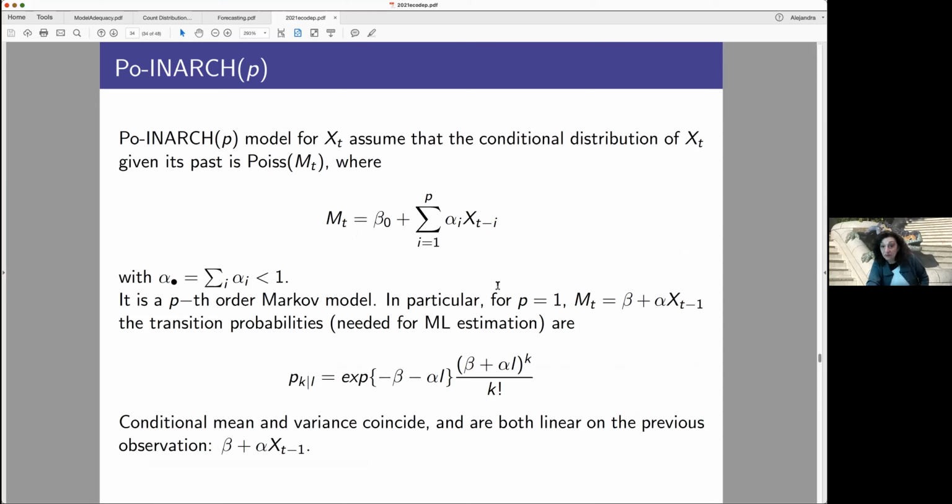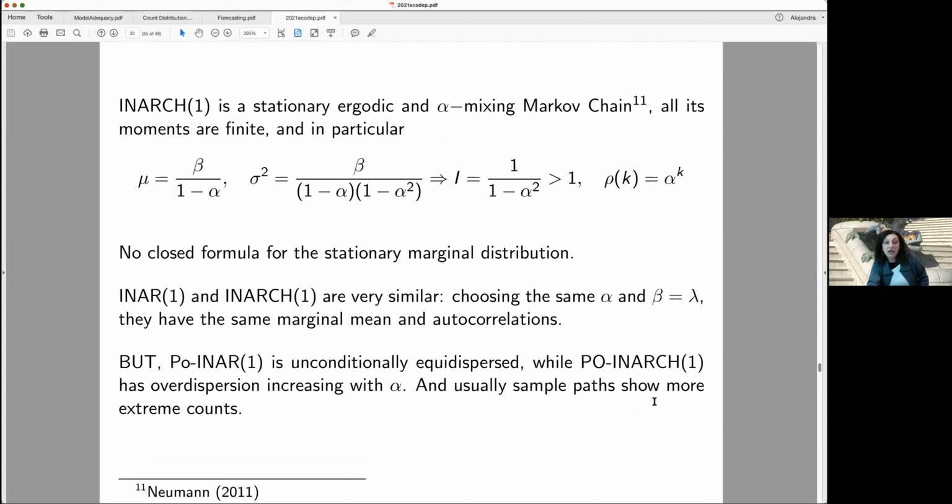In particular, for p equal to 1, the transition probabilities are very easy to compute, and you need them for doing maximum likelihood estimation. Conditional mean and variance coincide. They are both linear in the previous observation. Again, it's a stationary ergodic alpha-mixing Markov chain. All moments are finite, in particular the mean and the variance.